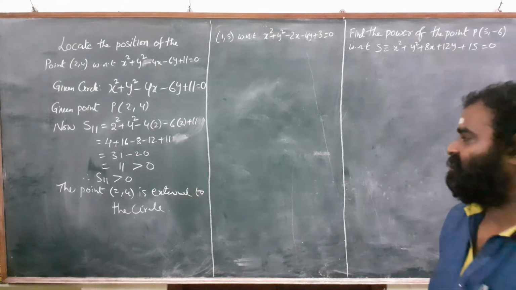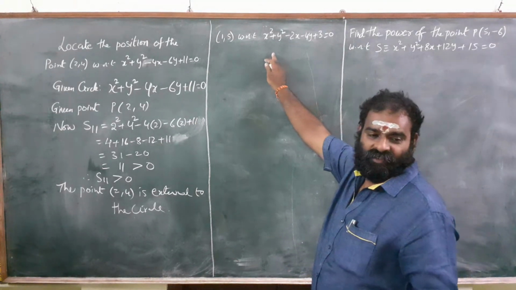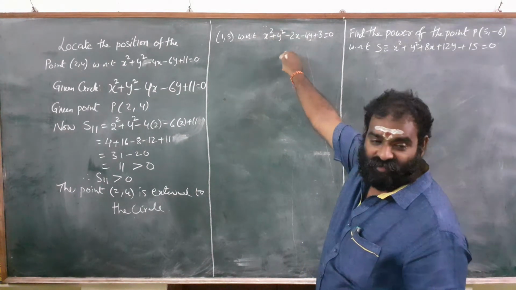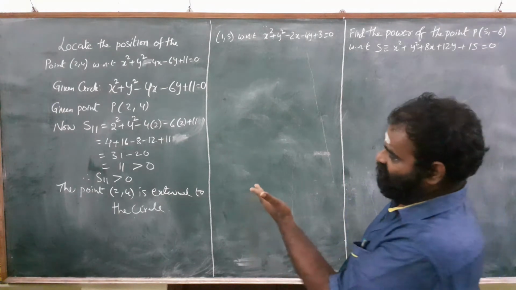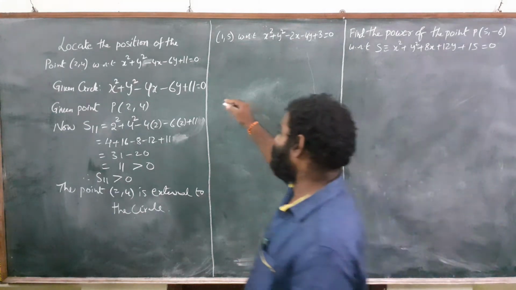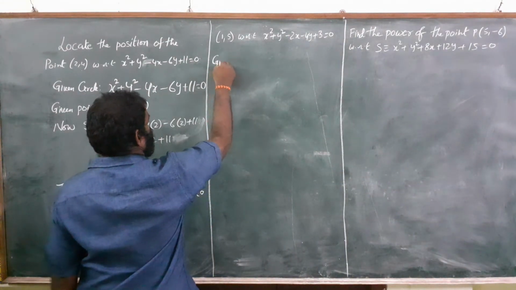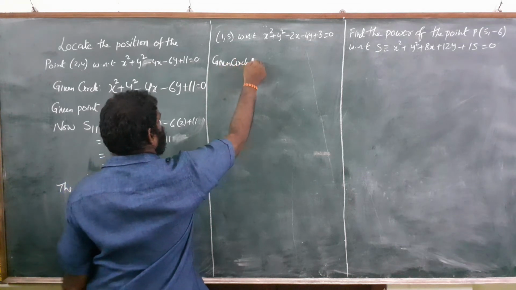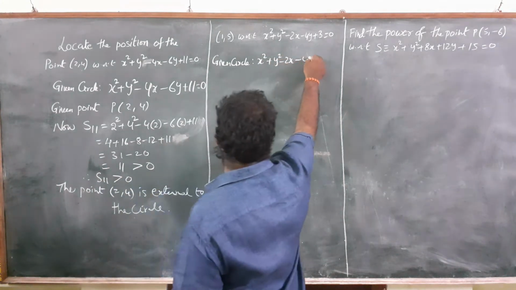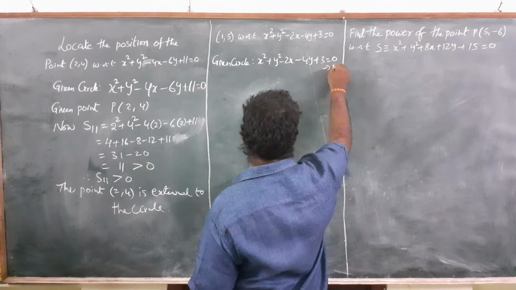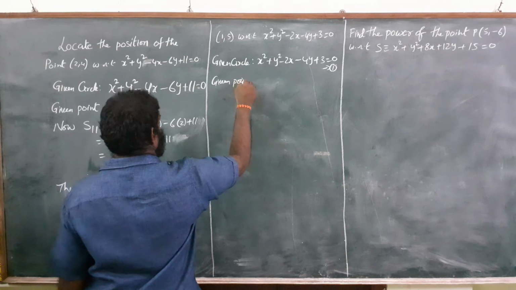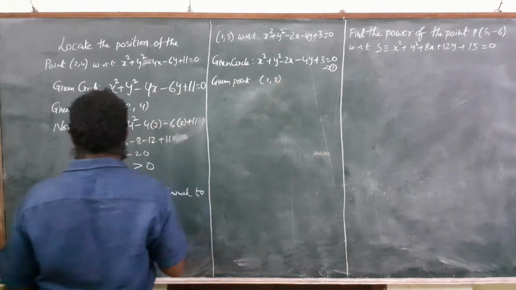Next, for the second question, here also locate the position of the point (1, 3) with respect to the given circle. In the same way, you have to do this sum also for your clear understanding. The given circle is x square plus y square minus 2x minus 4y plus 3 equal to 0, and the given point is (1, 3).